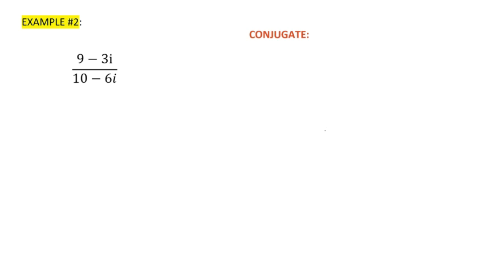Here, in this case, we have the conjugate, which, if you will recall, is always the opposite. So our conjugate is 10 plus 6i. So what we're going to multiply this by is 10 plus 6i divided by 10 plus 6i.